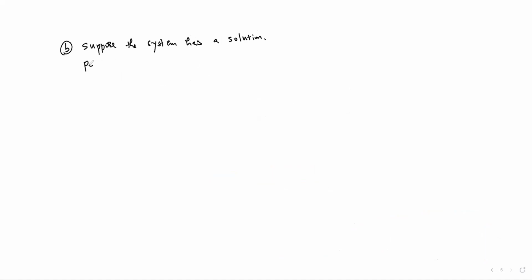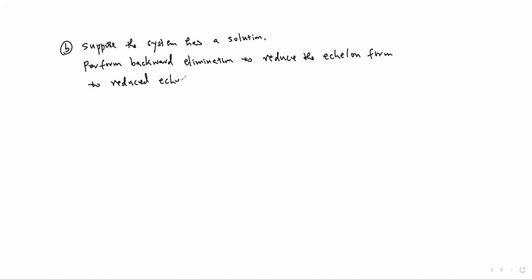Perform backward elimination to further simplify the linear system, to reduce the epsilon form from step 1 to reduced epsilon form.